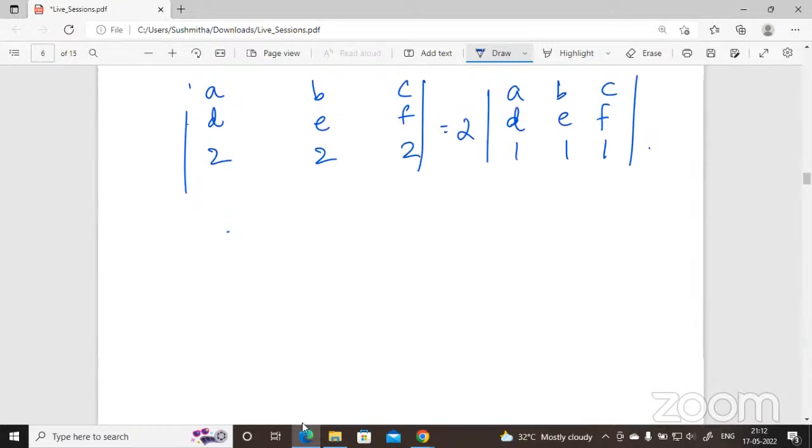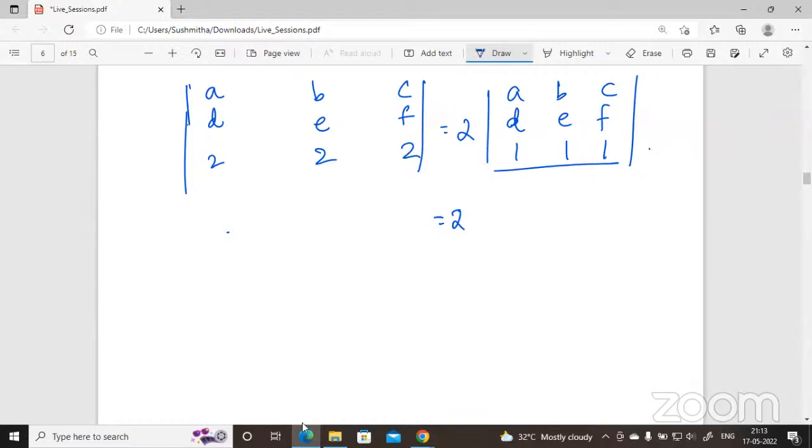Is it even necessary to do all this? Okay, I think it is. So this is 2 times. You expand along the third row or do some column operation and simplify. You will ultimately get 0 as the answer.